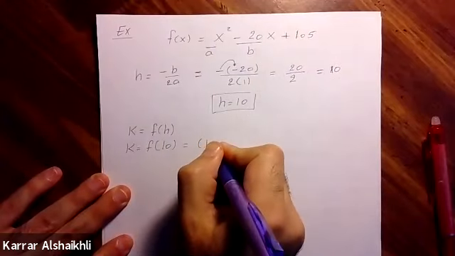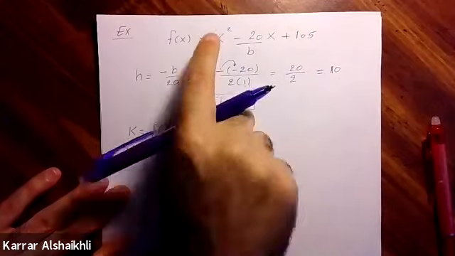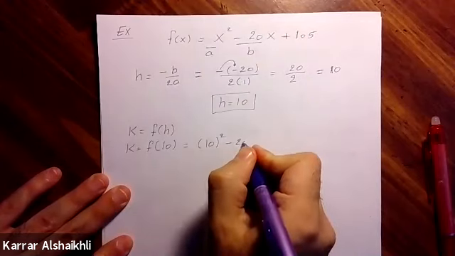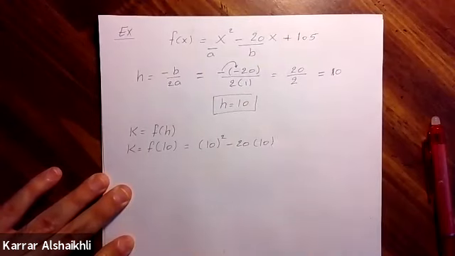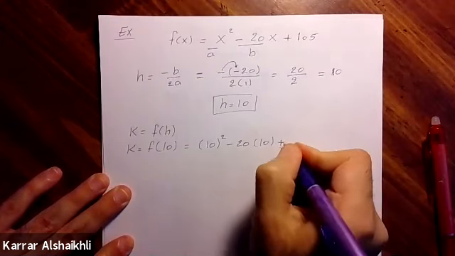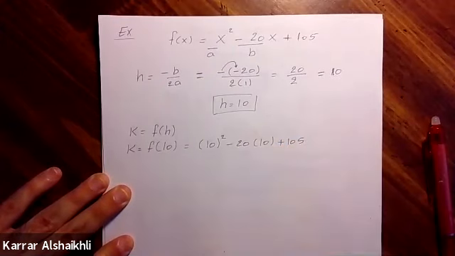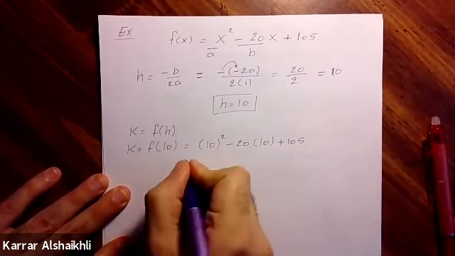So it's going to be 10 squared minus 20 times 10 plus 105.